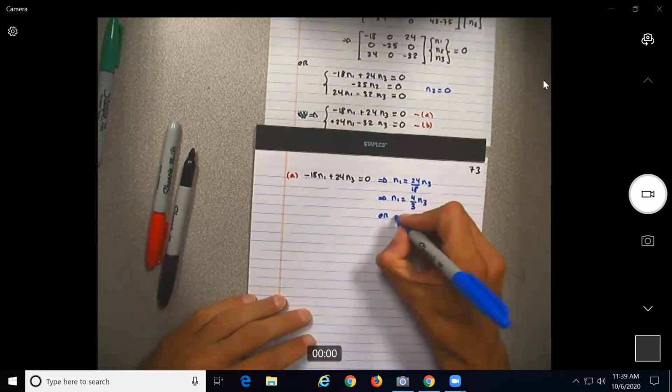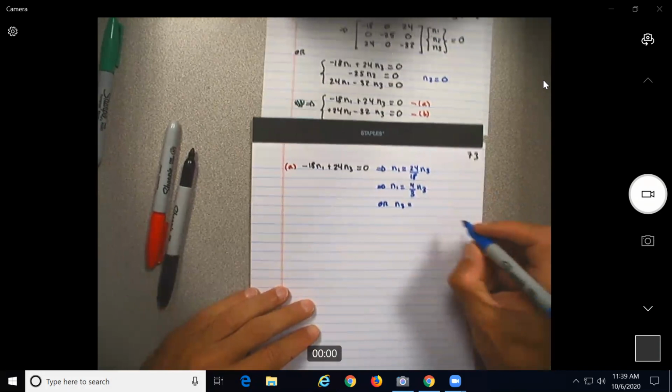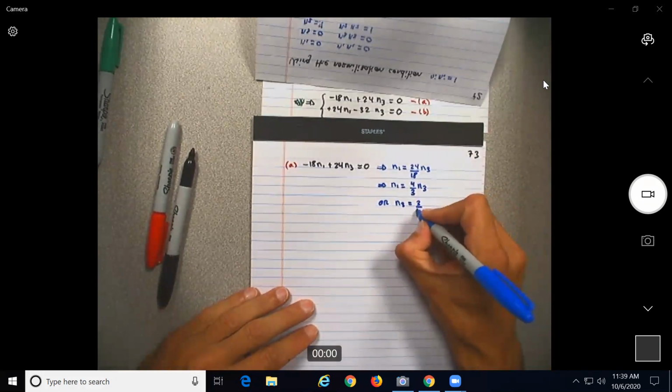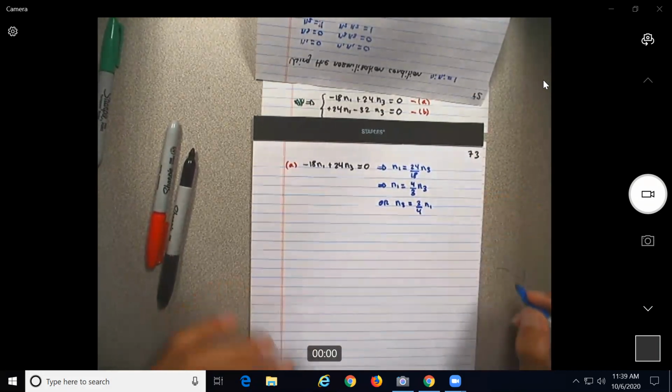Or, since I did it that way in the notes, n3 will be equal to 3/4 n1. That way we can select n1.